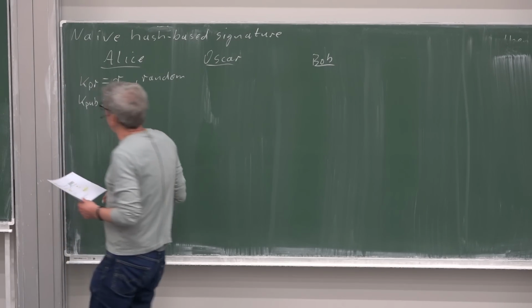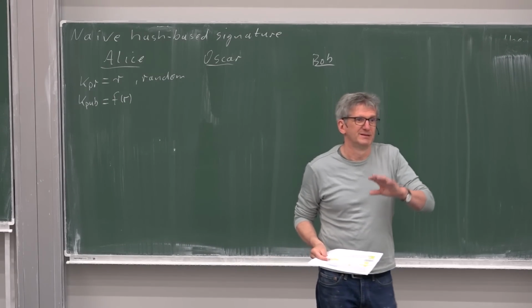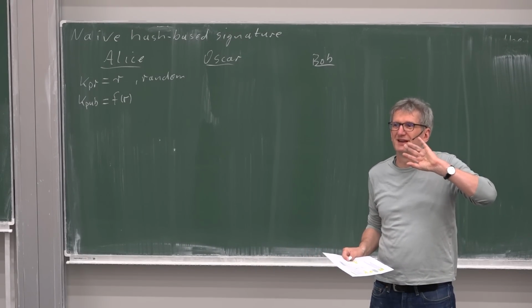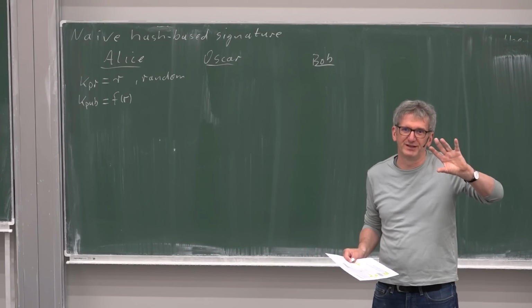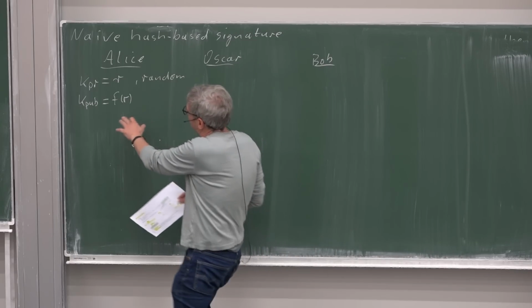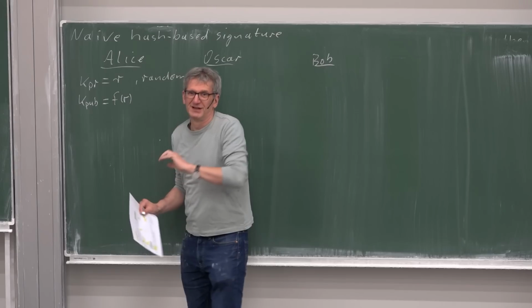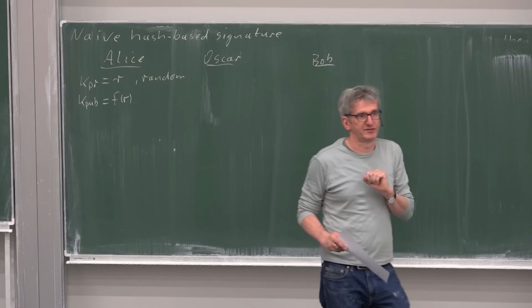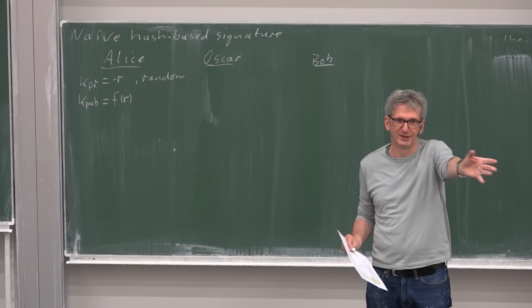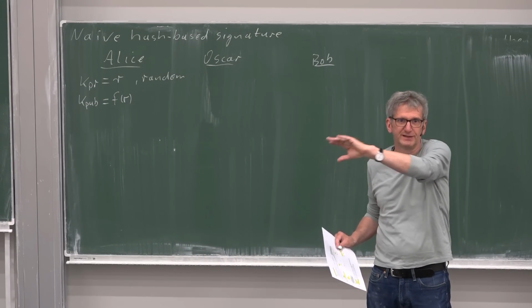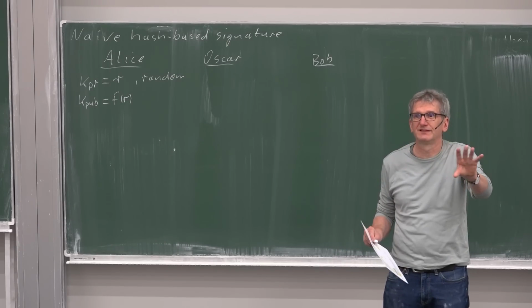Namely, we take a function f and put r in, the random number. The function f is in practice a hash function. It's SHA-3. You know, all the homework you did last night, or this morning, right? This is what you're doing here.